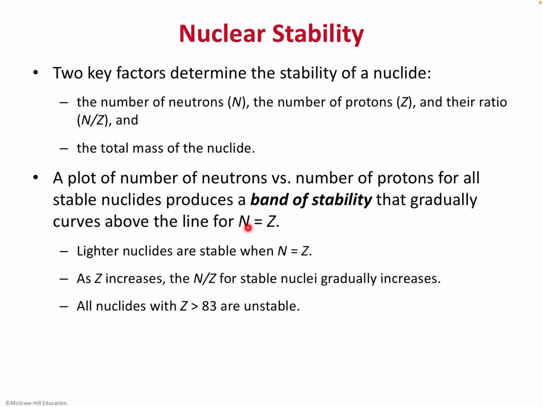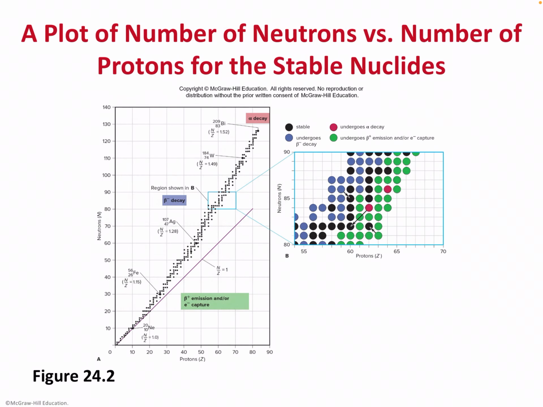Neutrons and protons. When the number of protons and neutrons are equal, the ratio N over Z would be 1. This is the graph I was talking about. This line represents when the number of protons and neutrons are equal, so N over Z equals 1.